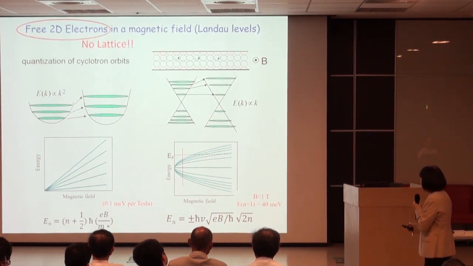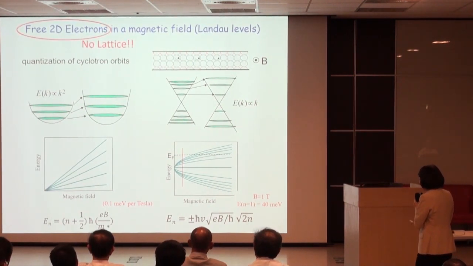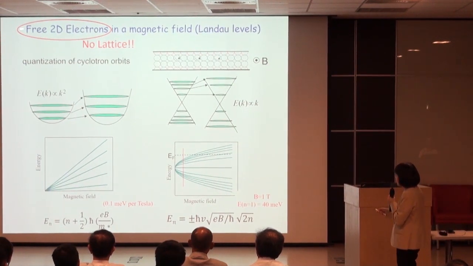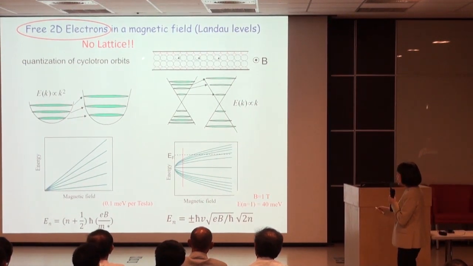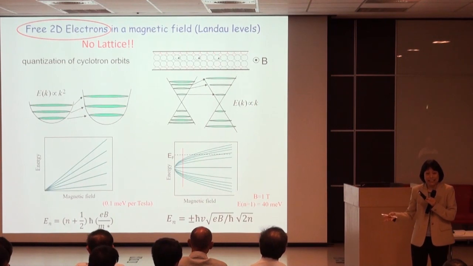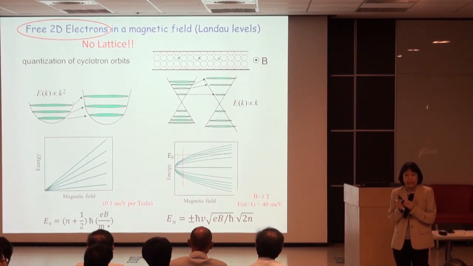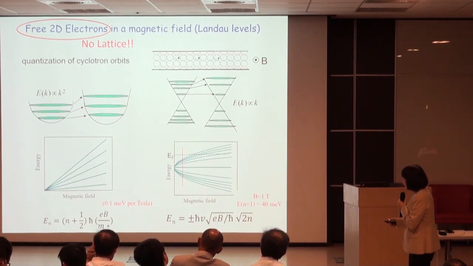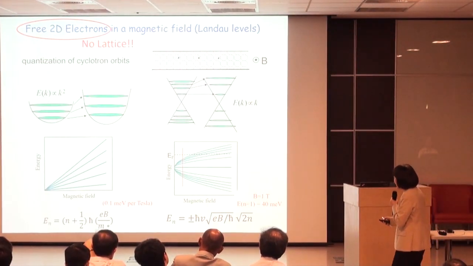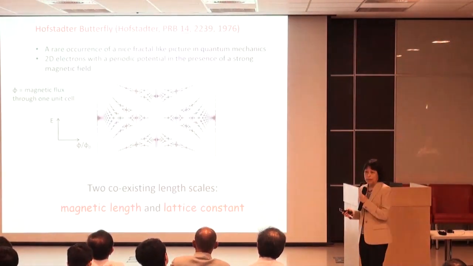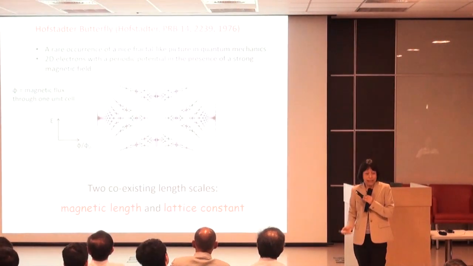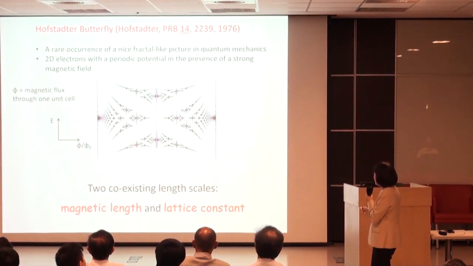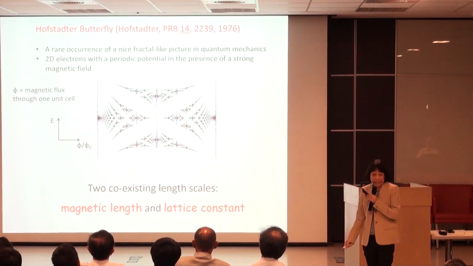But the question is that this is really a calculation without any lattice. We don't have any periodicity in the system. So if we put in the lattice, some kind of periodic potential, this is a famous problem in mathematical physics, reported 40 years ago.